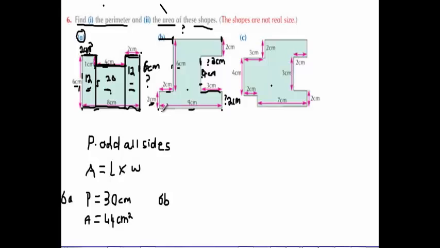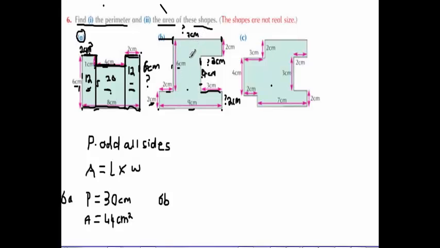So it's 9 centimeters from here to here. This line tells me that it's 2 centimeters from here to here. So 9 take away 2, that's going to leave me with 7 centimeters.